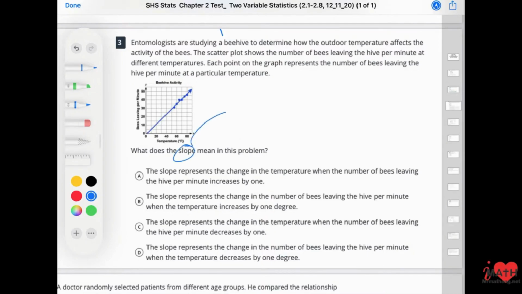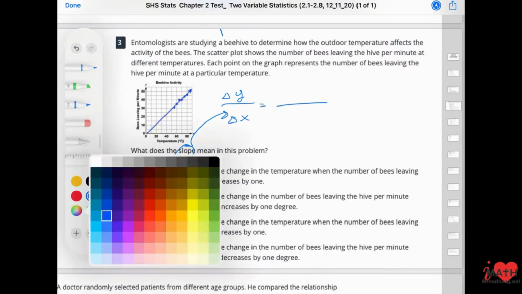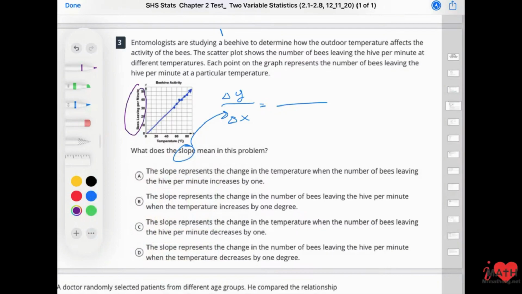So, remember, slope is the change in y over the change in x. So if I pick the y variable, that's the bees leaving per minute, and then the x is temperature.